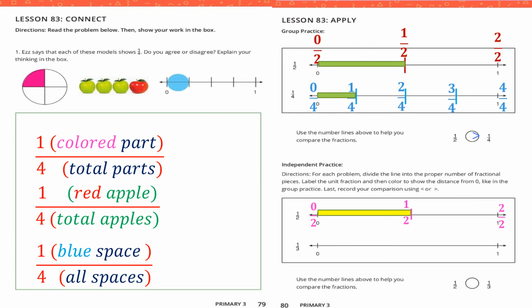What shall we do? How many dashes? 2 dashes to make 3 equal parts. Label each dash 0 over 3, 1 over 3, 2 over 3 till the whole fraction 3 over 3.